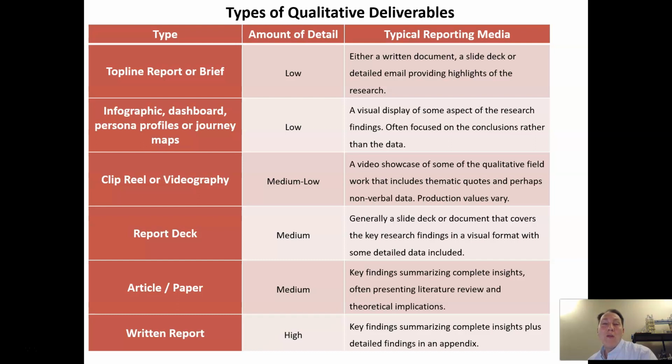And then you're also going to have a much more detailed findings section or an appendix that has all of the data that you collected. And when you present that, it's generally going to be something that's more of a reference tool than something you're intending for your audience to read through. And it might even have coding and categorization and things in there that are not easy for a non-research audience to read, but which are there for reference in case any questions come up.